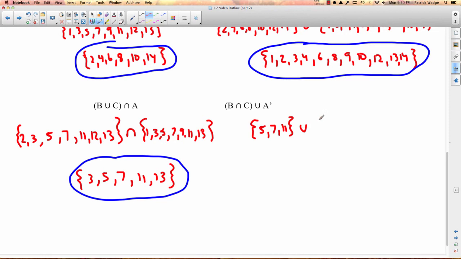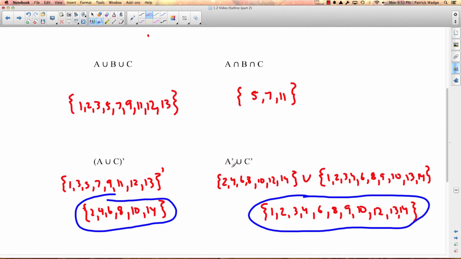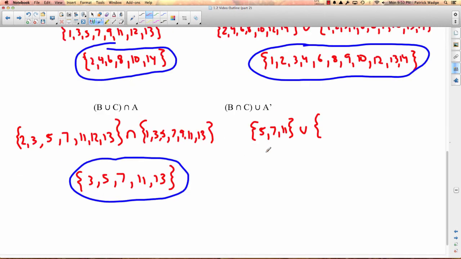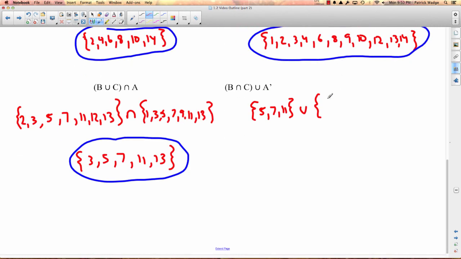And then we want the union of, oh, now it's the complement of A. And remember, we did the complement of A here. The complement of all the odd numbers is all the even numbers. So I guess I could write it again. 2, 4, 6, 8, 10, 12, 14. And if we want the union of those, we write down all the numbers, whether it shows up in one or both of these.